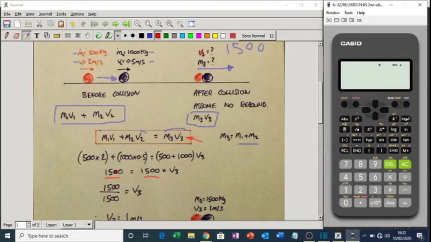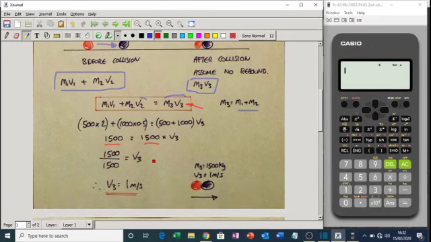So now we know 1500 is 1500 times v3. Rearrange that formula. I'm going to bring this 1500 down to here. That'll give me v3. So 1500 divided by 1500 is v3. That gives me 1.